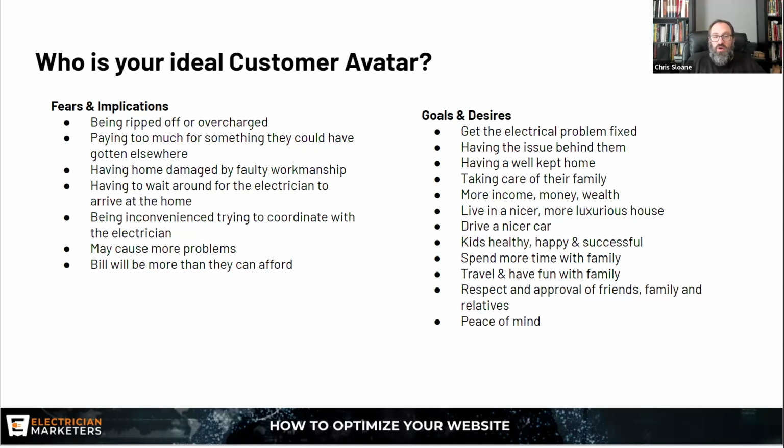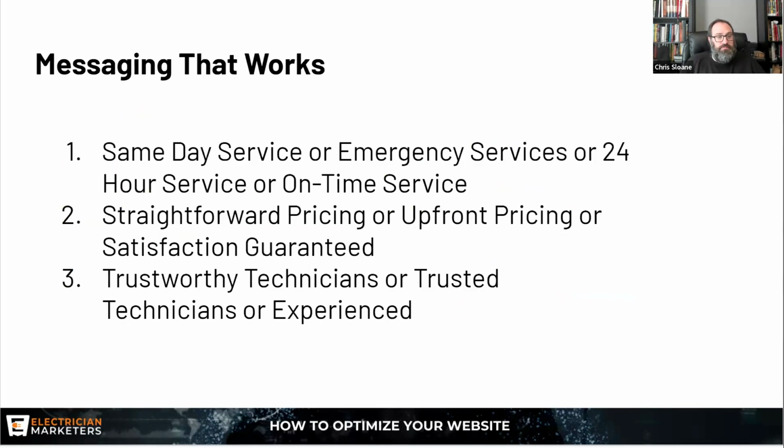It will solve their goal of making sure that their home is safe, that they're never without power, and that accomplishes whatever goals and desires they have. You can't address these things in a landing page if you don't know who you're talking to, right? So that's the point of this.